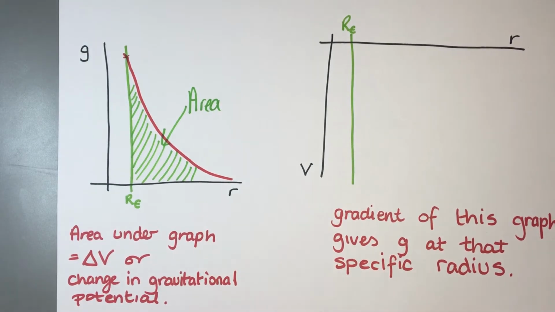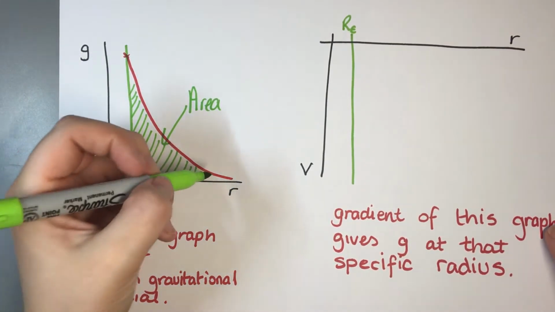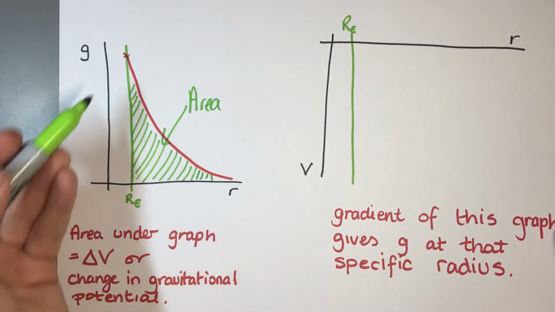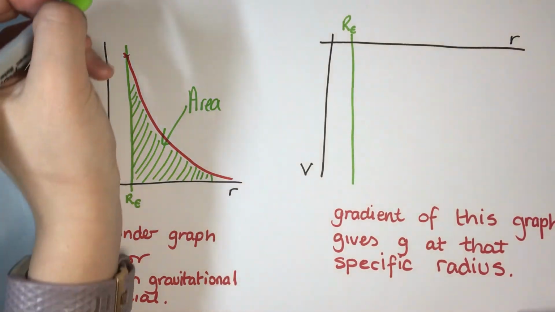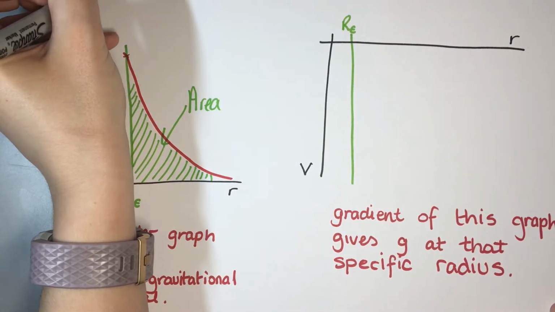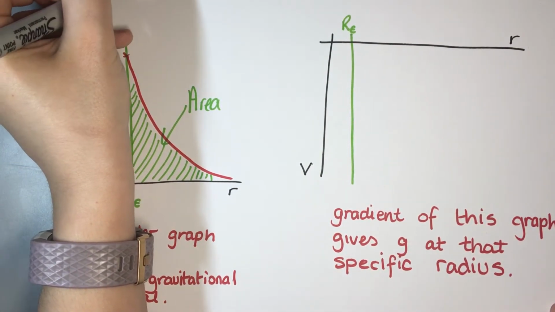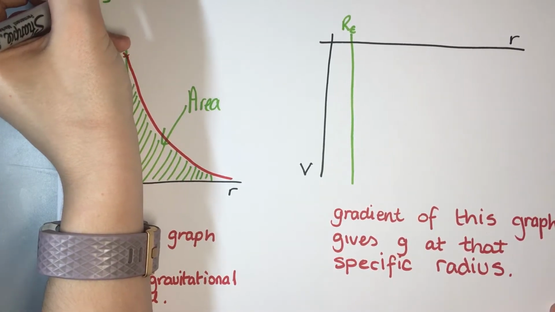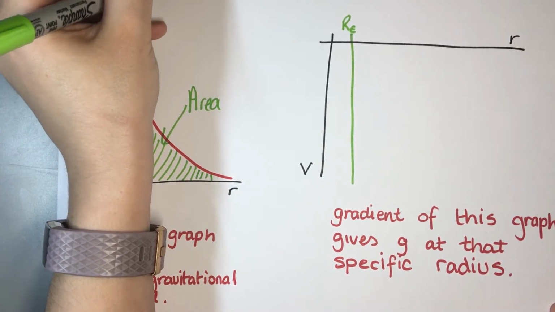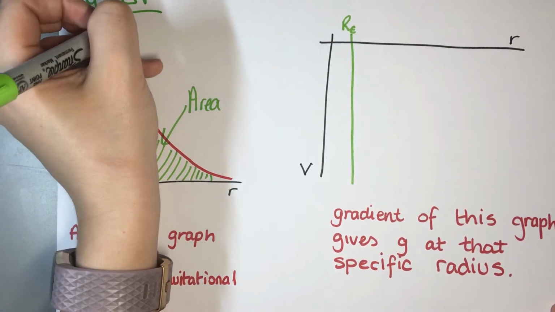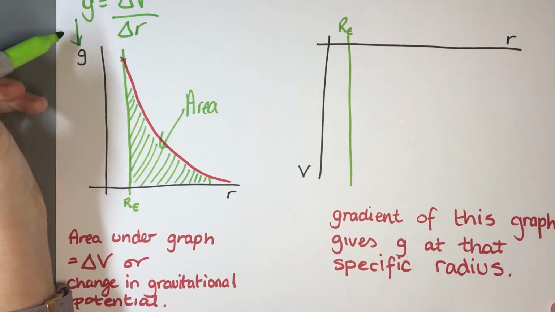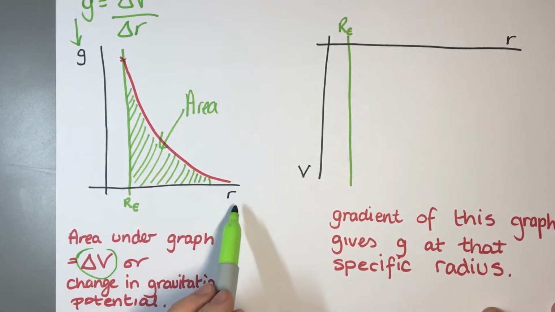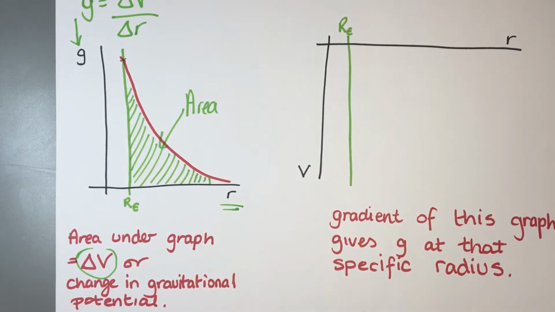So another way to calculate g using gravitational potential is minus change in V over change in r. That's one way we can link these together as well as our radius.